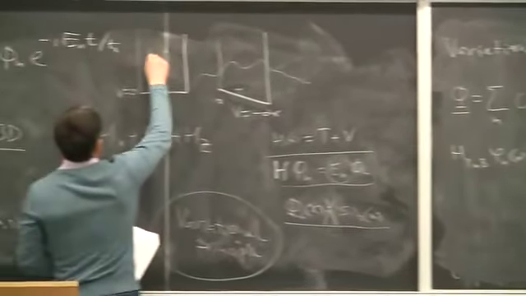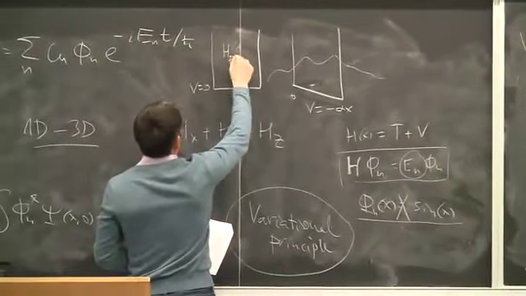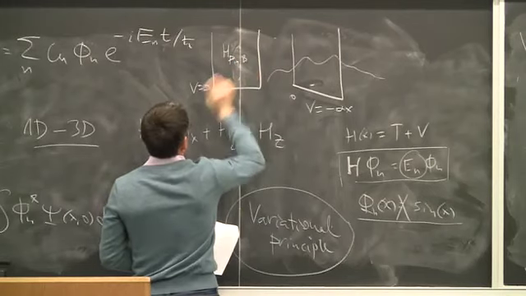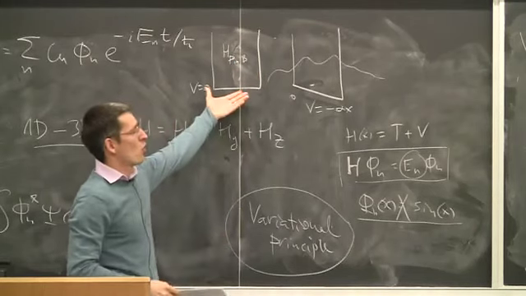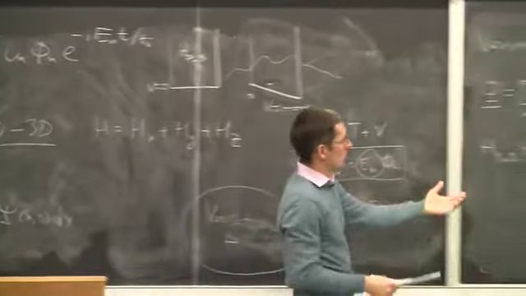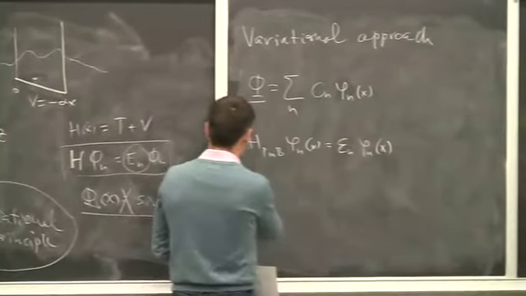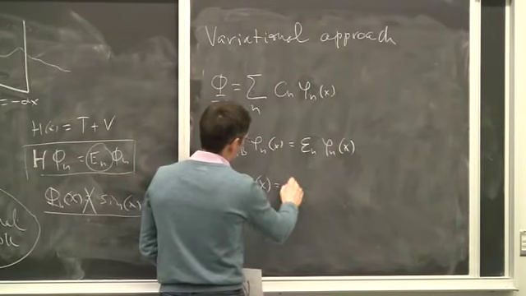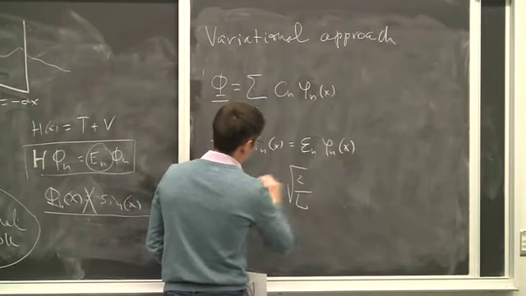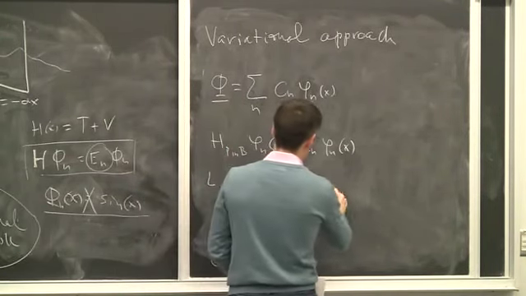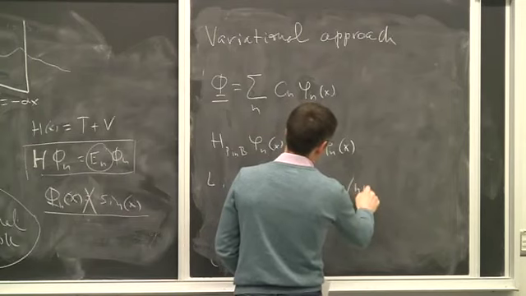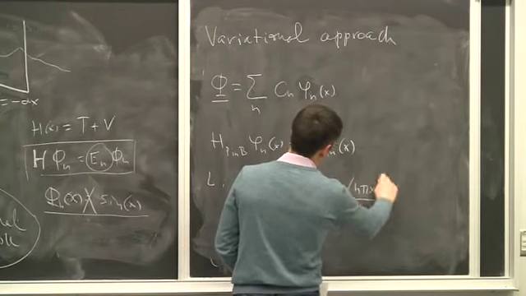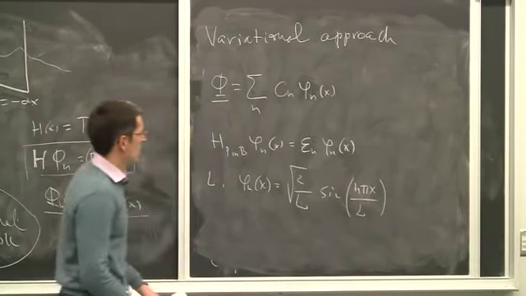This problem has a Hamiltonian which I define as the particle in the box Hamiltonian. I know how to solve this problem. If the box is of size L, then phi n of x, you all know them: square root of 2 divided by L, sine of n pi x divided by L. You've seen them.